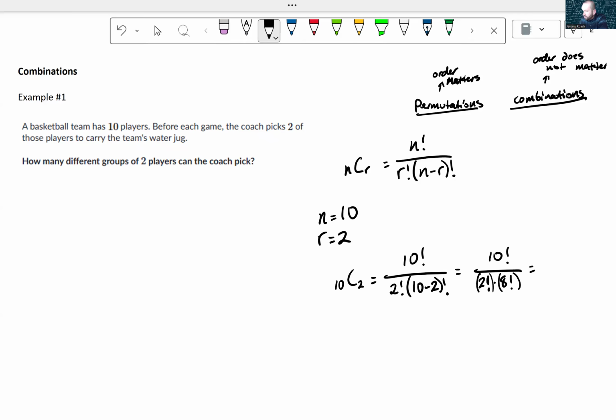So now this is 10 times 9 times 8 factorial over 2 factorial times 8 factorial. And we can just cancel out these 8 factorials. Now we're left with 90 over, and then 2 factorial is just 2 times 1, which is 2. And we should get 45.